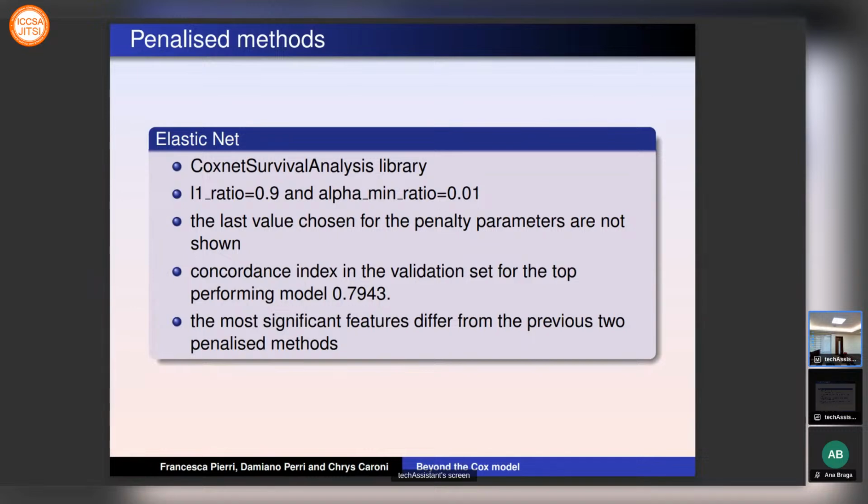And the most significant features differ from the previous two penalized methods. There is always 0.82, but we have different values here. Ridge shows the best concordance index in the validation set.